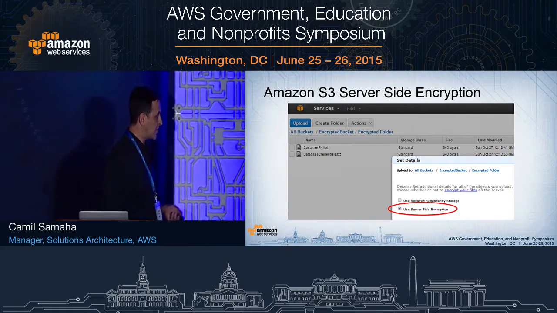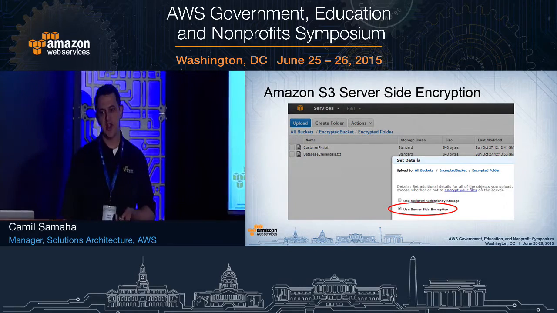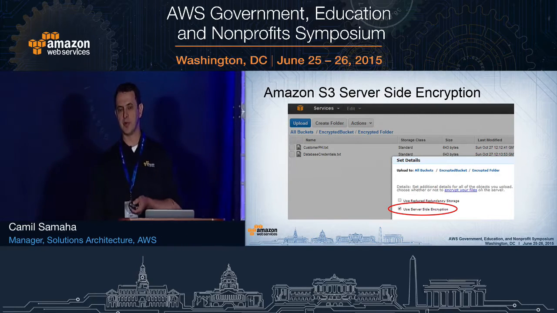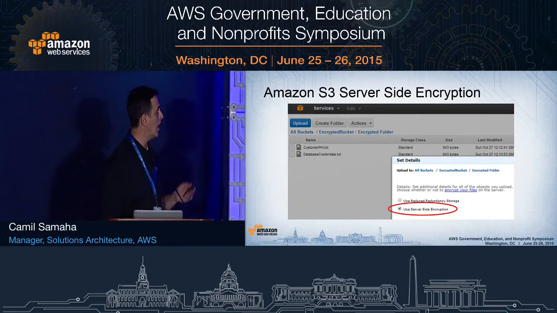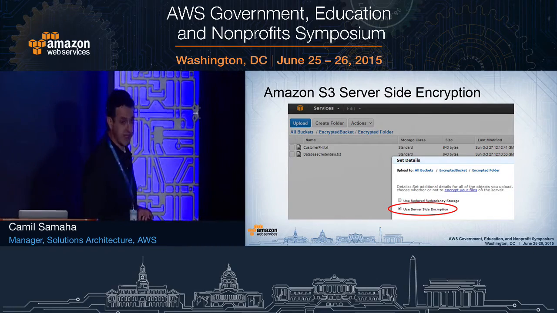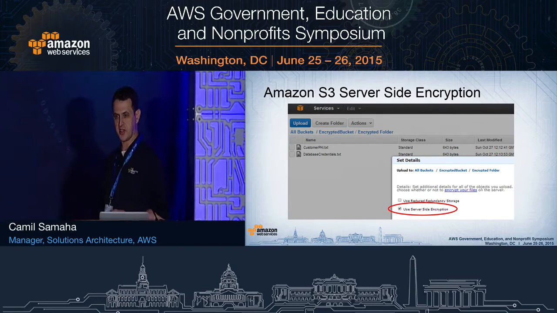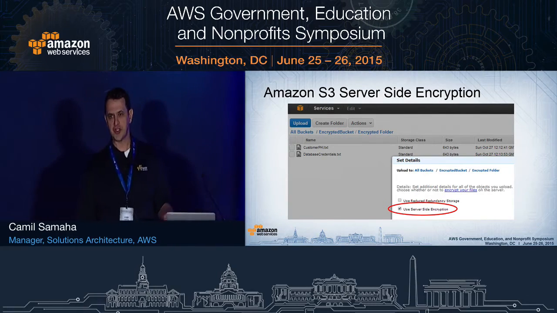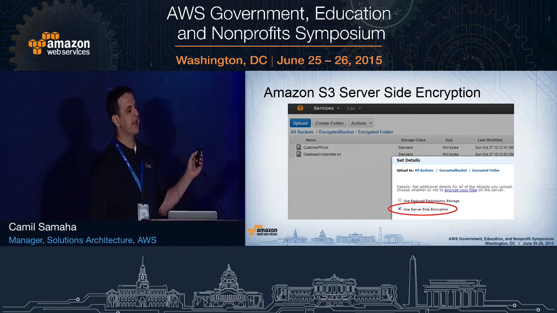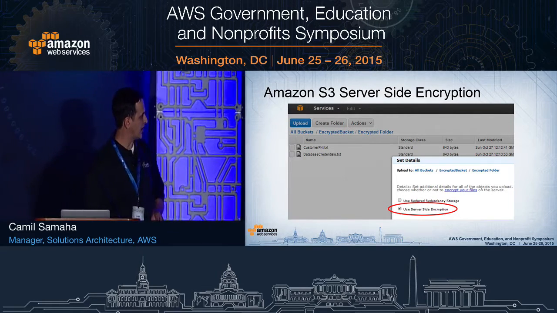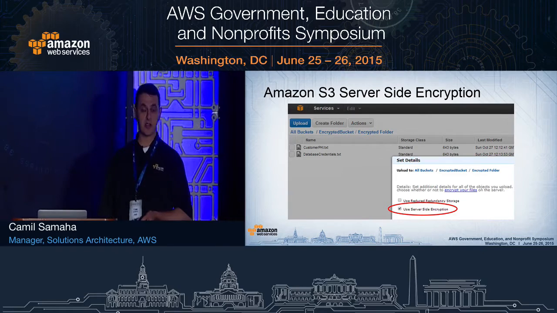So I just wanted to show you how simple it is to enable server-side encryption, in this case in S3. If you use the console, it's primarily just a checkbox. Like any feature or service in AWS, everything is available through the API, so you can select server-side encryption through an API call.